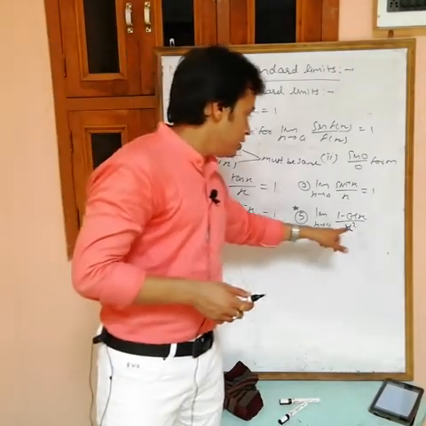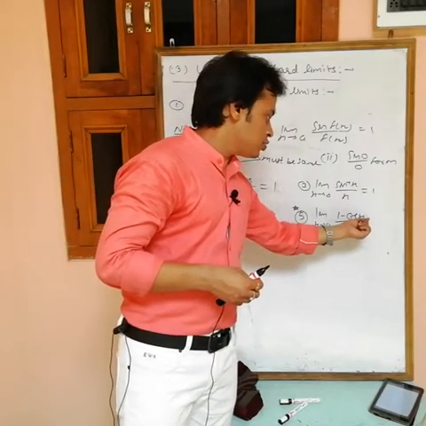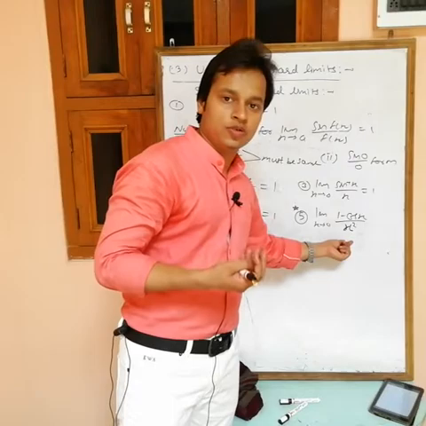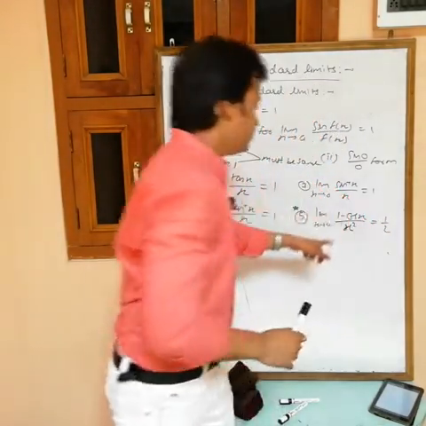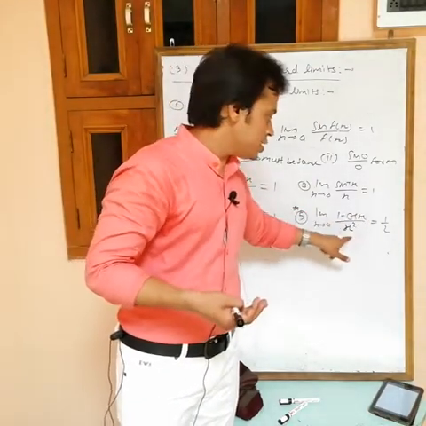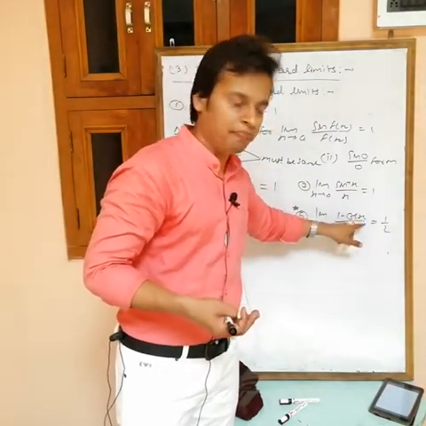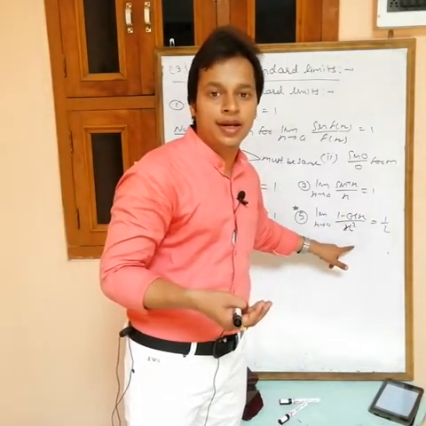What is the condition? If there is 2x, then there must be 2x square if you want to use this one, because the denominator is the square of this angle. If it is 2x, then 2x square. If it is 10x, then here we want 10x square.